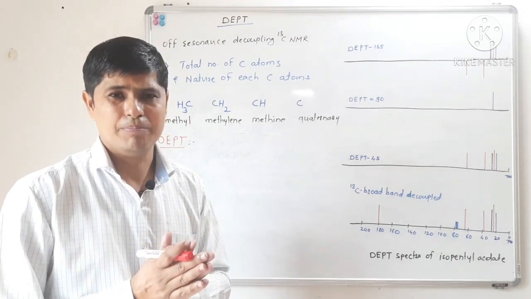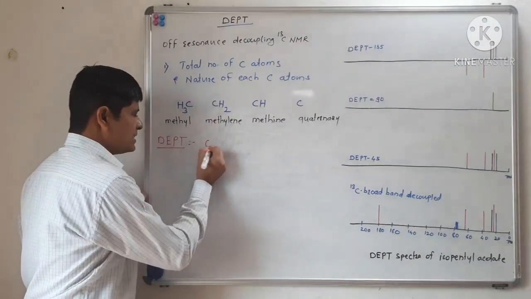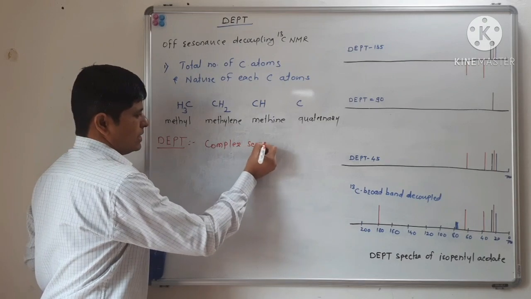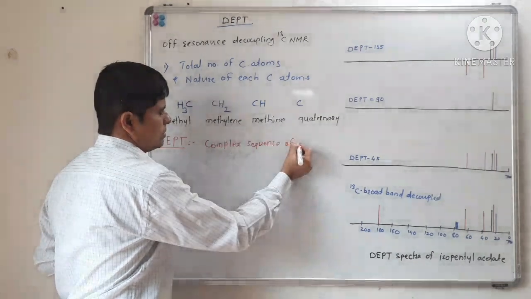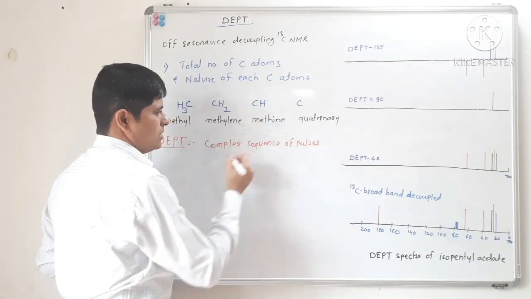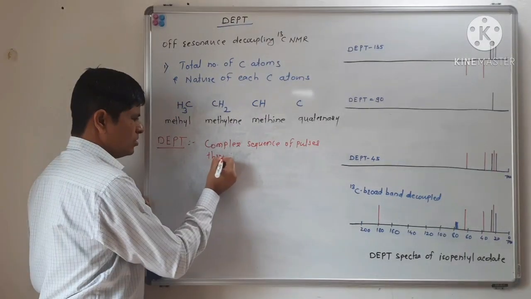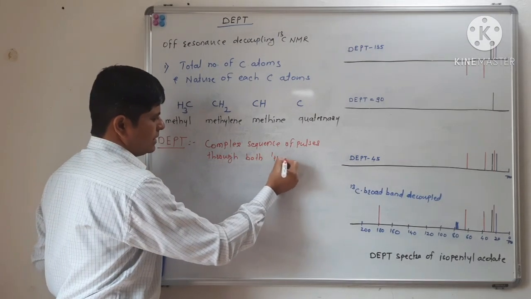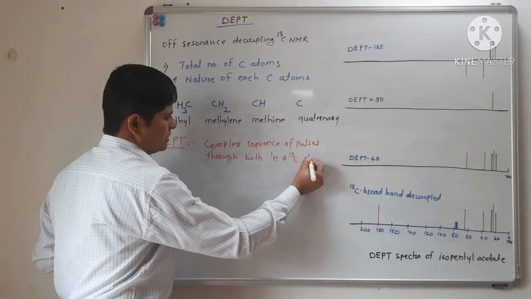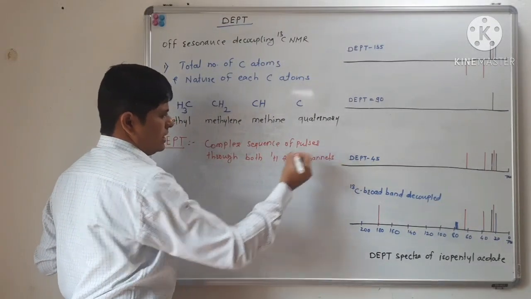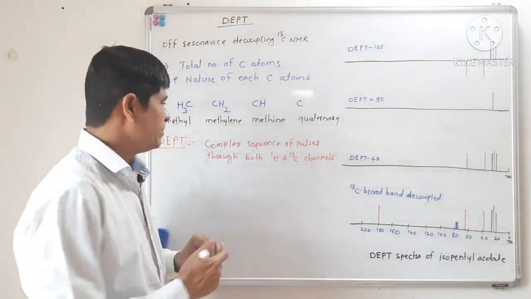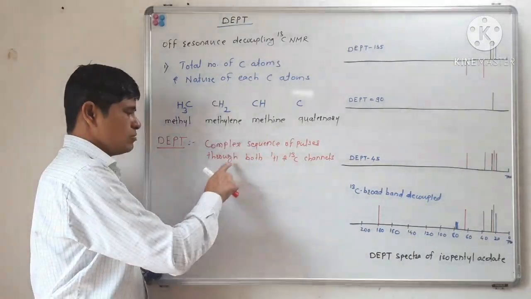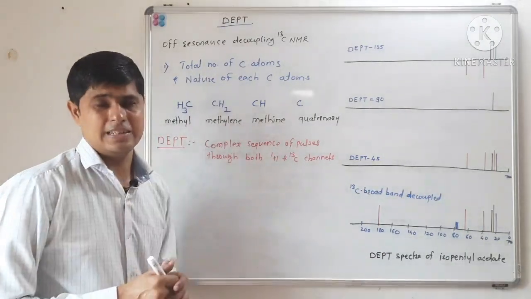We have to irradiate that sample with a complex sequence of pulses through both H1 and carbon 13 channels. So at the time of recording the DEPT experiment, we irradiate the sample with a complex sequence of pulses through both H1 and carbon 13 channels.